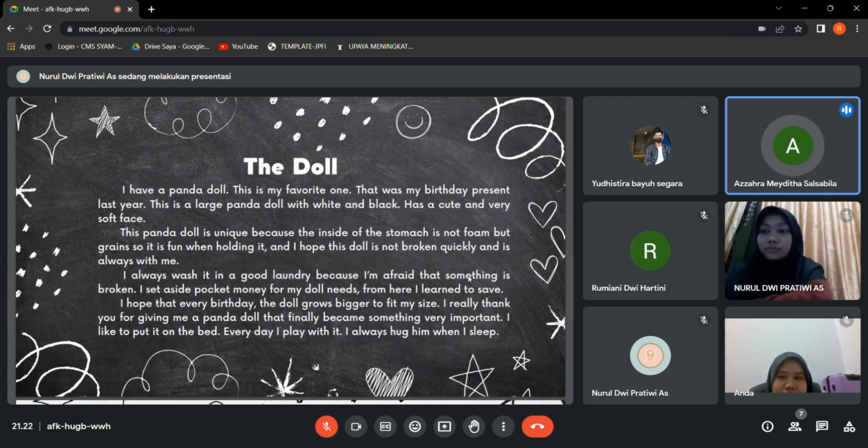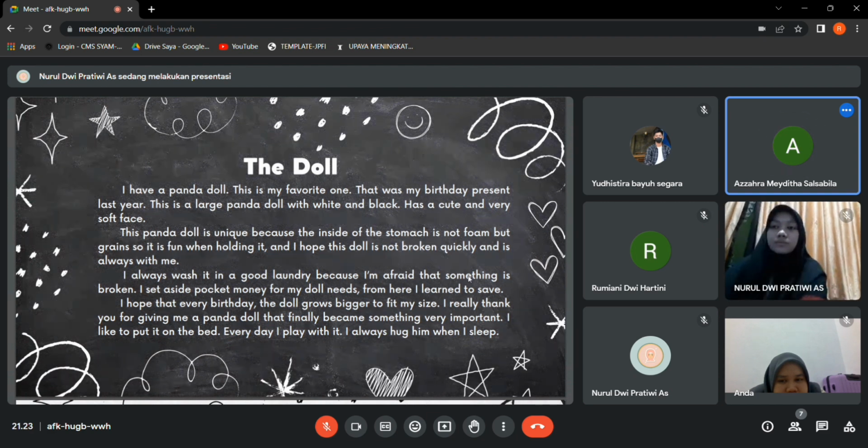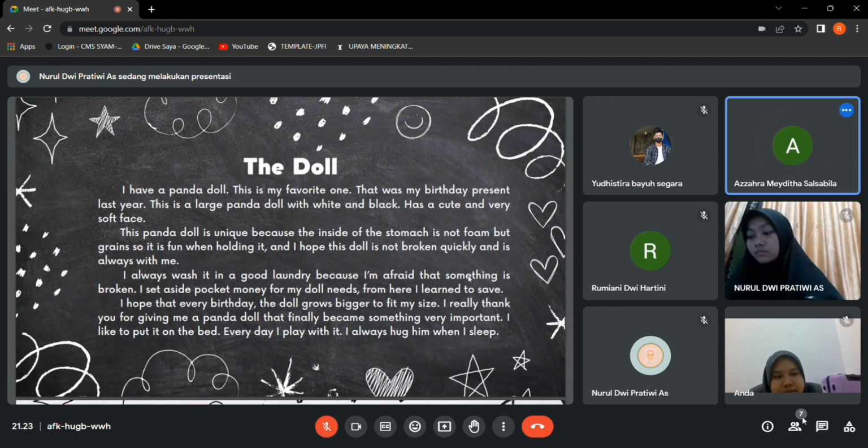So now we move to the linguistic features. First is the specific participant. Can anybody tell me which is the specific participant in the text? The specific participant is the doll or panda doll, ma'am.